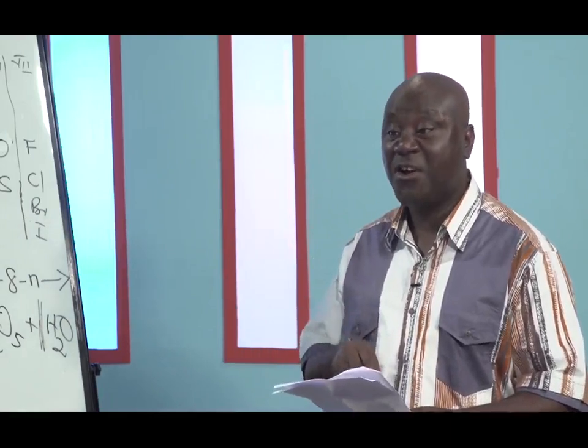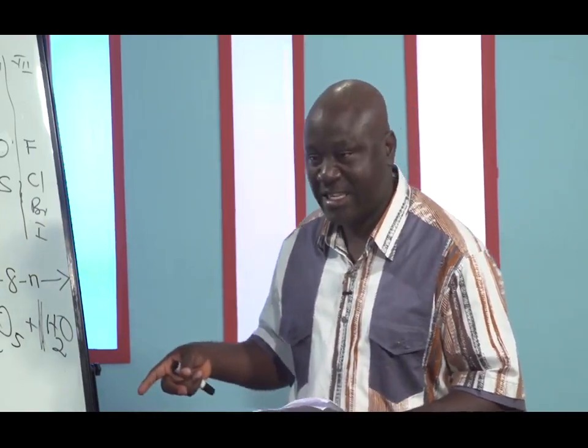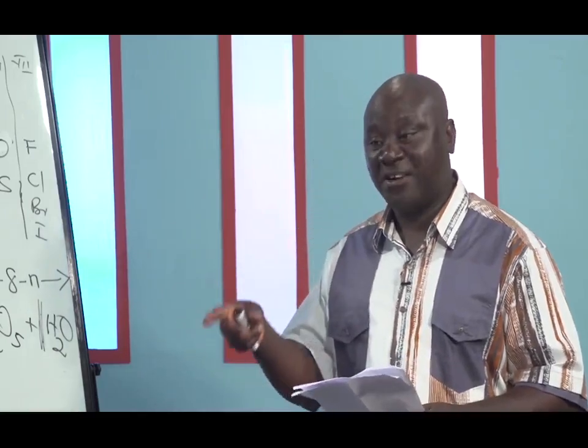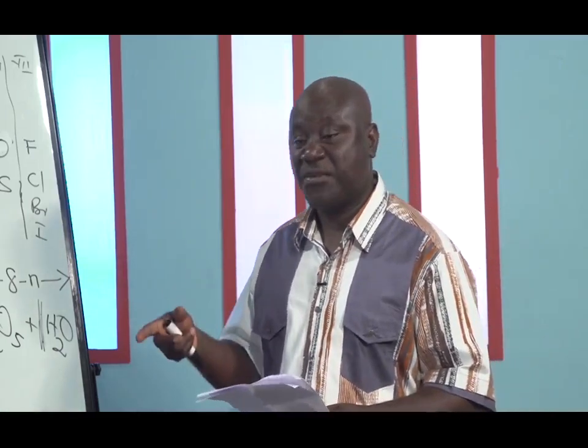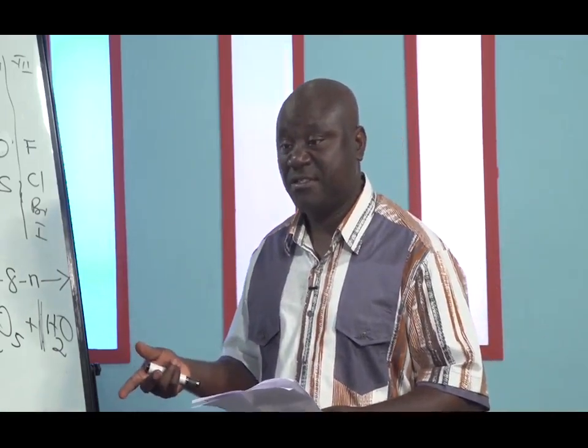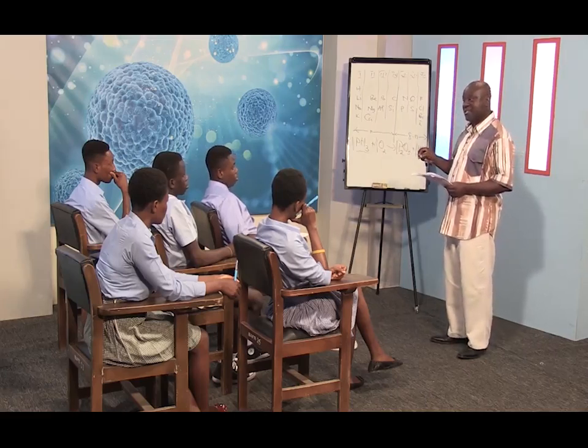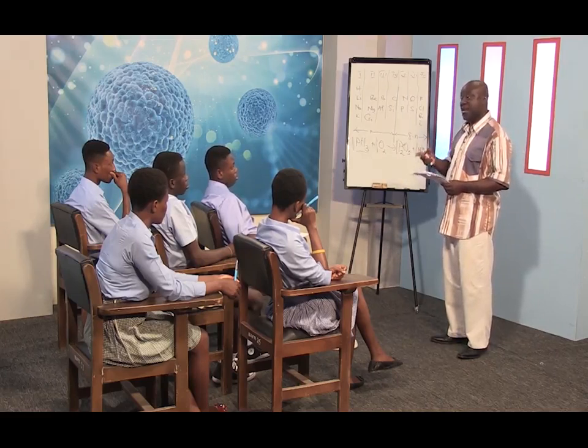You should have said put a lighted splint and a squeaky pop sound indicates the presence of hydrogen. So you rather gave the test for oxygen in this situation, and that's why you lost the mark. Have I made myself clear?